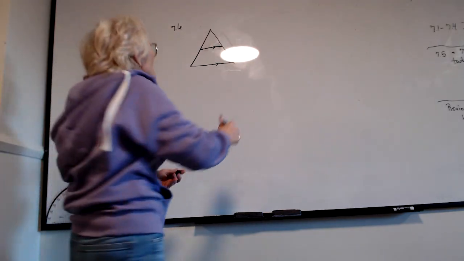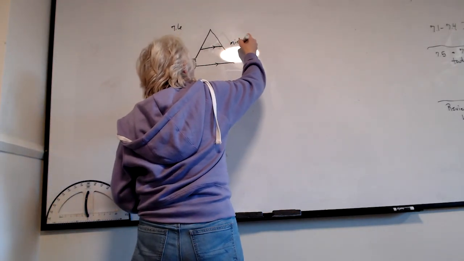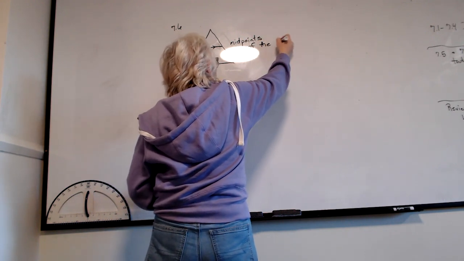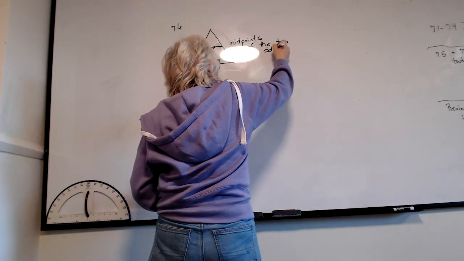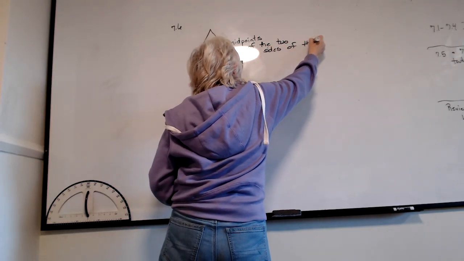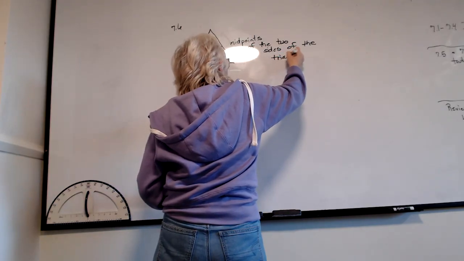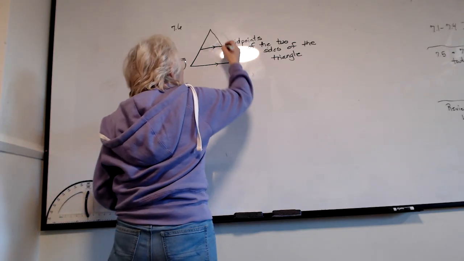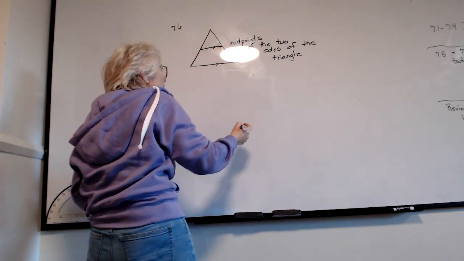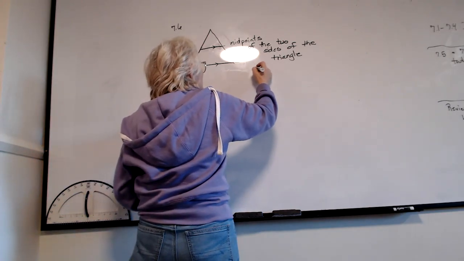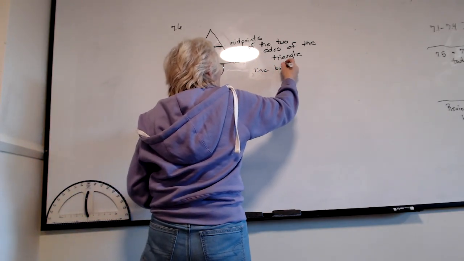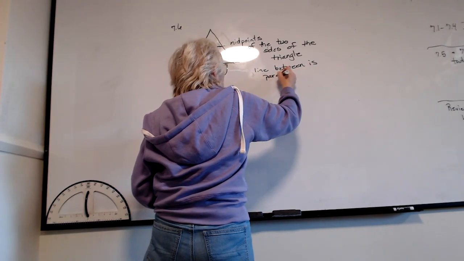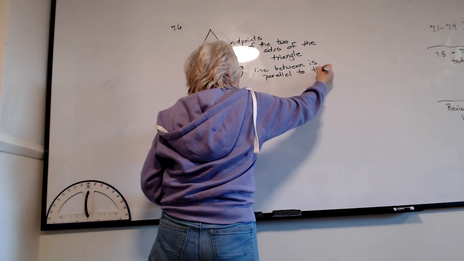These are the midpoints of the two sides of the triangle, and what you find out is that this and this are parallel. The line between is parallel to the base.